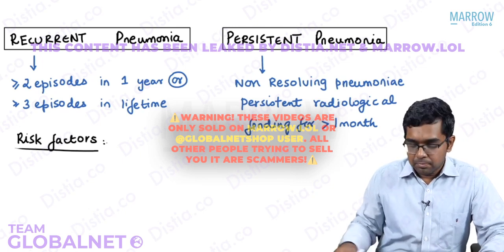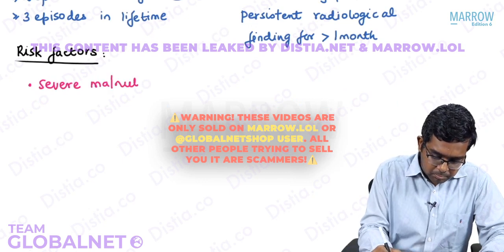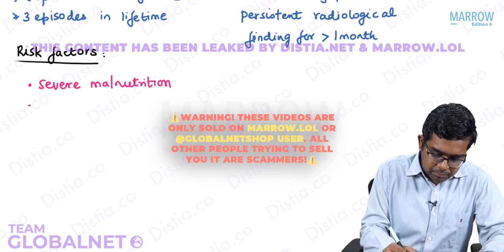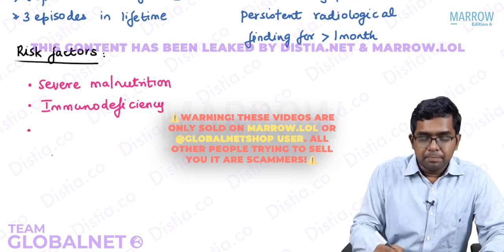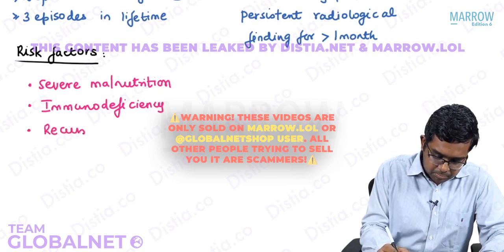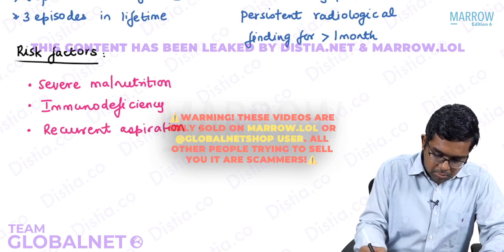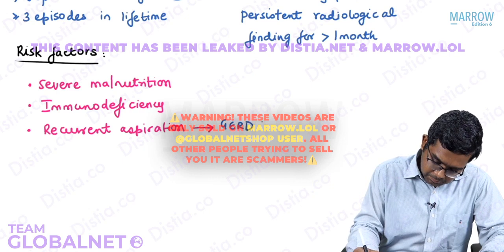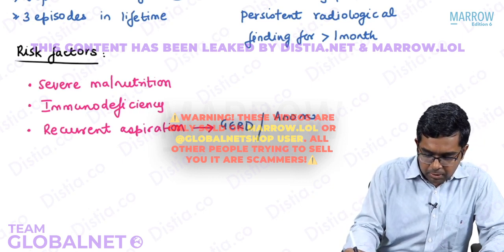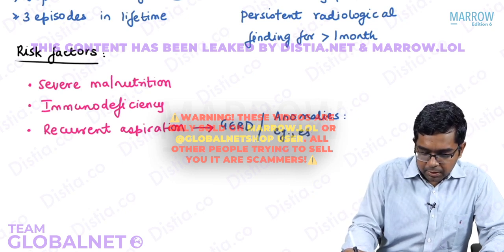The common risk factors include severe malnutrition, number 2, immunodeficiency, number 3 is recurrent aspiration, which could be associated with GERD, gastroesophageal reflux disease, or it could be associated with anomalies of the upper intestinal tract, like for example, esophageal atresia.